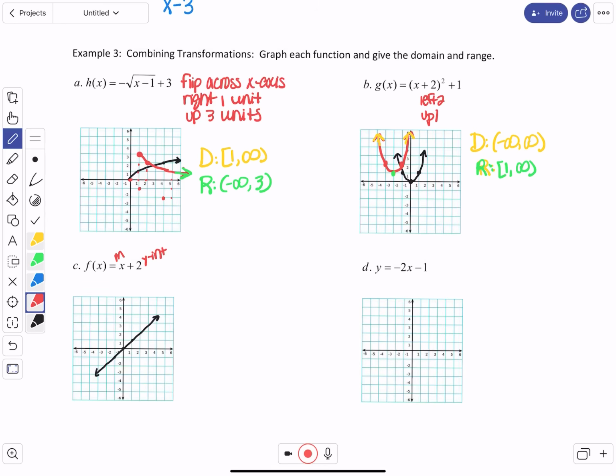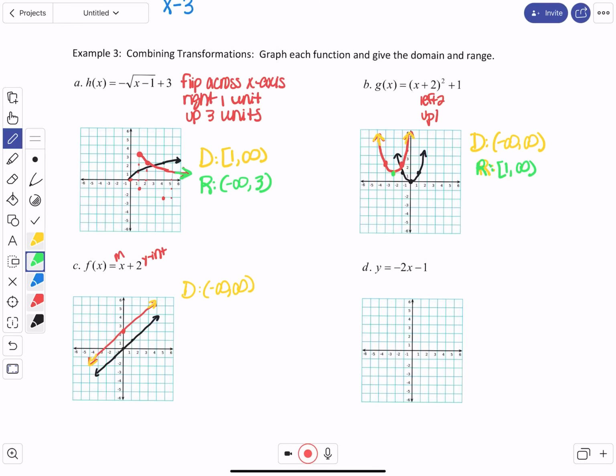Everything else stayed the same. So there's our new graph. So for our domain, how far left your graph goes, well, it looks like it's going to the left forever, and it's going to the right forever. So it's negative infinity to infinity.